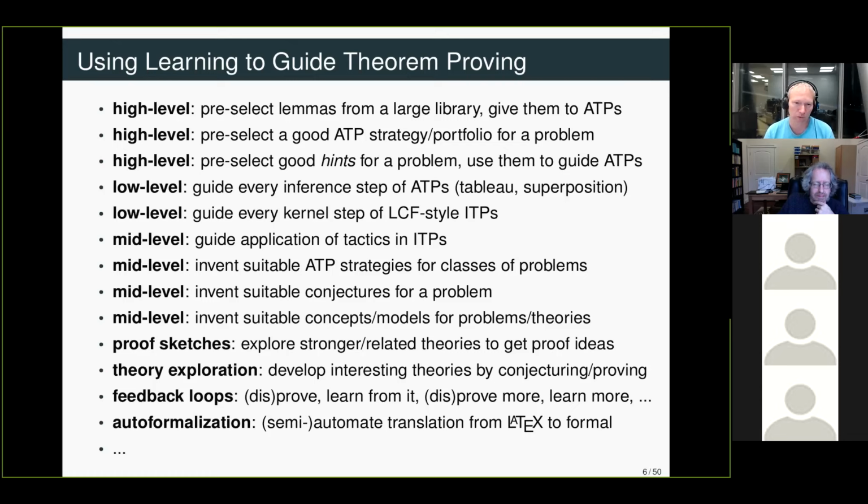You can do invention of ATP strategies for classes of problems, and conjectures and suitable concepts and models. You can do theory exploration, which means basically developing conjectures and theories by all sorts of inductive and deductive methods.